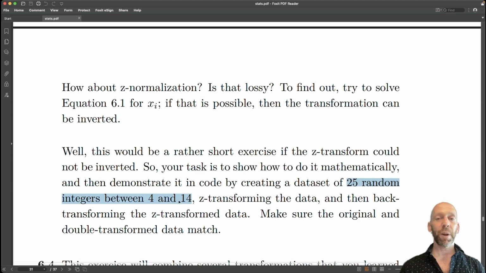So you want to go from these integers to Z transformed data, and then basically undo or invert the Z transformation, back transform, and then make sure that the original data, so these data you generated, and the Z transformed and then inverse transformed data are identical. They should match identically. Okay, so that is your task. And now I will switch to Python and show you my code solution.